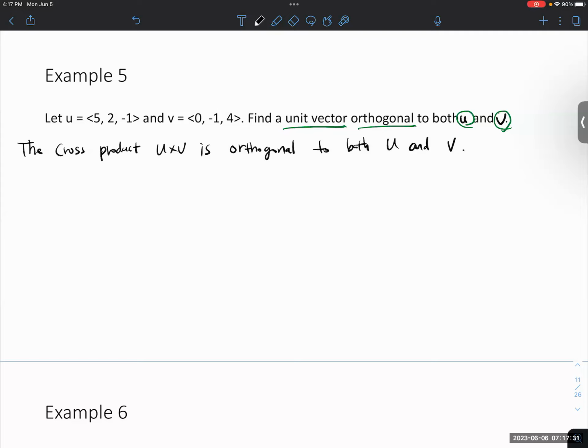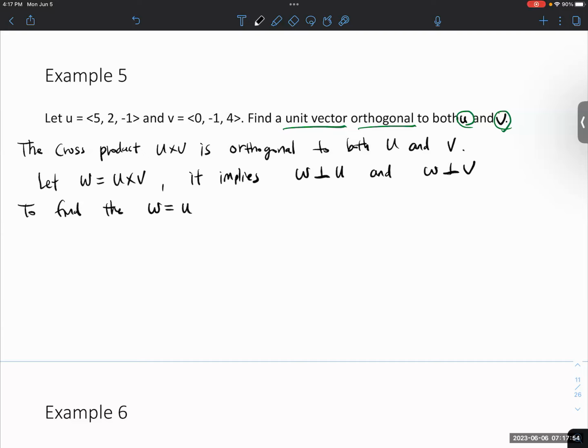So let's say W equals U times V. It implies W is perpendicular to U and W is perpendicular to V. To find W, which is U times V, we use a determinant.